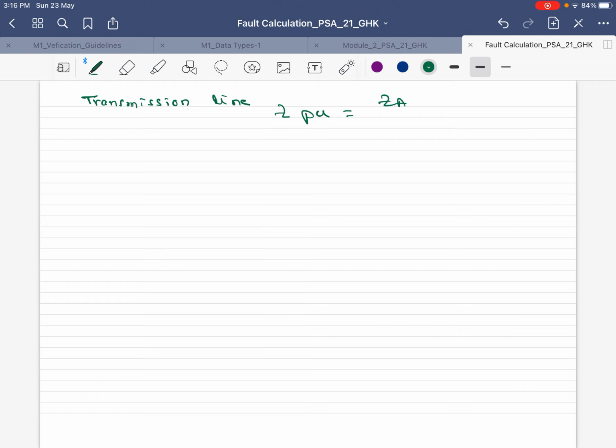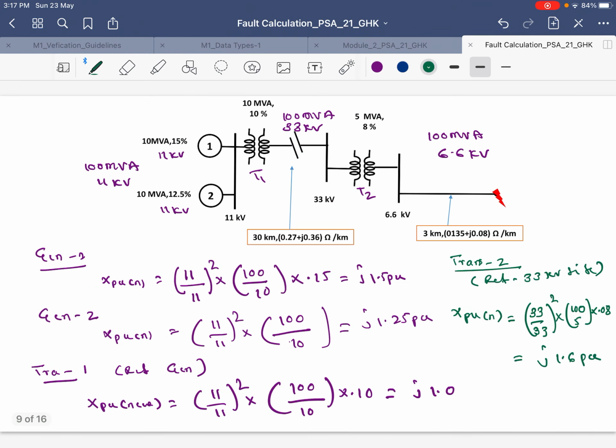It is Z actual divided by Z base. The actual is, it is 30 kilometers in length. Therefore, the total actual impedance for 30 kilometers is 30 multiplied by 0.27 plus j0.36, since that is for 1 kilometer.